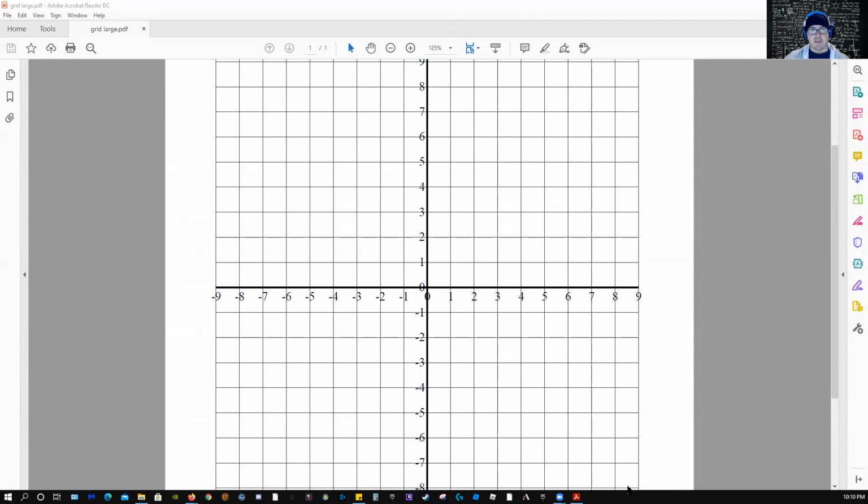Okay, so let's say we've got a line going through our system. Draw some dots. And here. Here, 1, 2. I'm just counting out the slope in my head. Here, 2, here, 1, 2, 3.